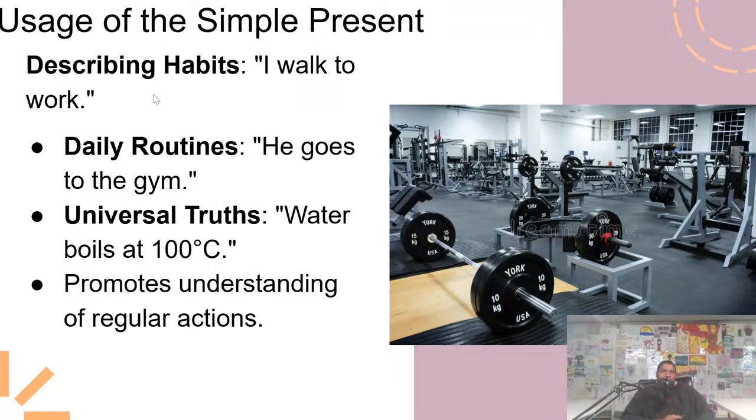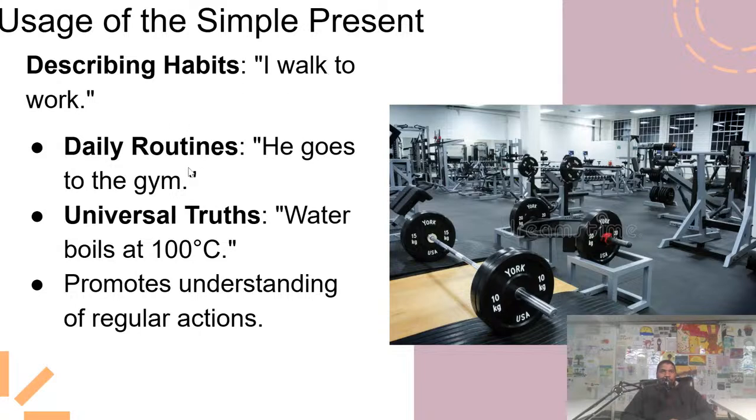All right. So earlier we talked about using the simple present basically to describe habits. I walk, there goes the verb, to work. So if you have a habit of walking to work, saying I walk to work would be simple present.